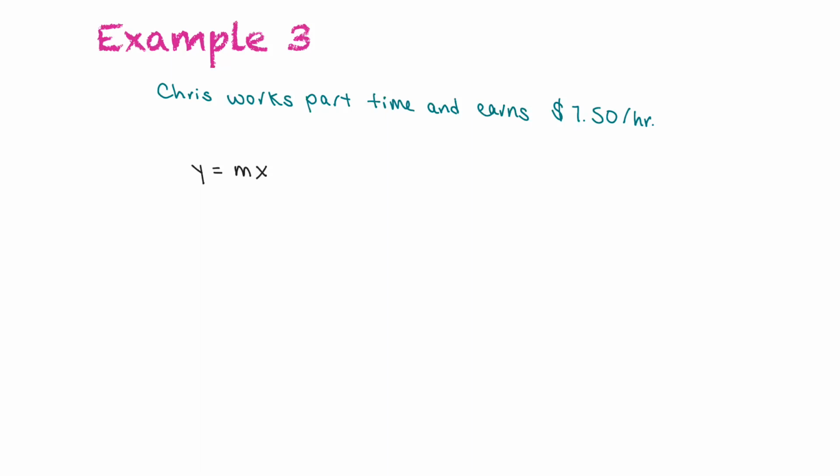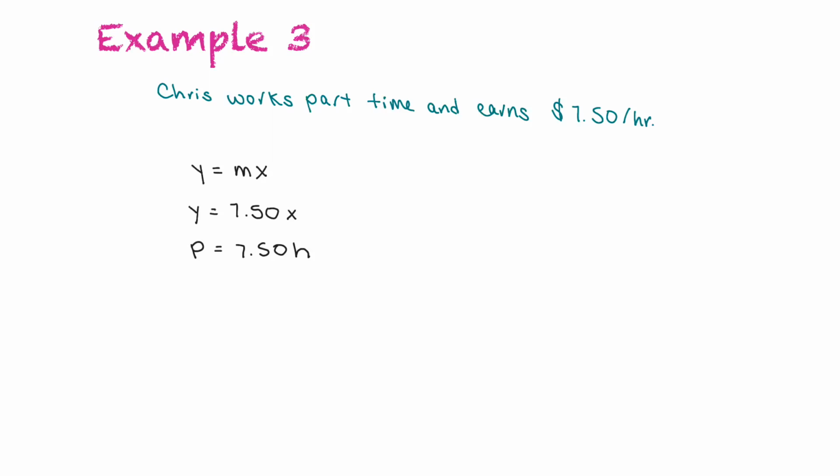So y equals 7.50x. So he's making $7.50 an hour. Another way you could put it, if we wanted to represent pay, P equals 7.50 times the hours, that would work too.